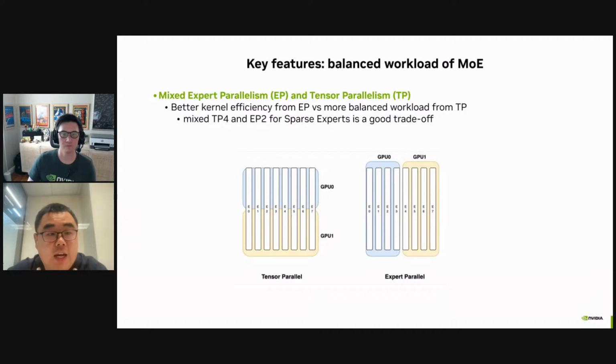And for the next slides, I will discuss load balancing. For MOE's sparse experts, we support 2 parallelism patterns: tensor parallel and expert parallel. I will discuss expert parallel firstly.